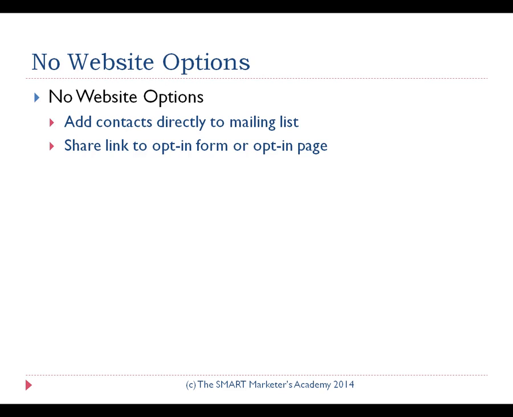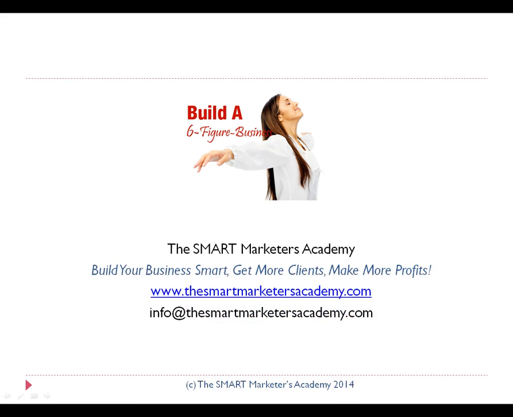So not having a website is no excuse for not starting to build your list. You can start right now, and it's important that you do so as soon as possible. Begin to collect these names and addresses. It does take time to build a large list, and it's only when you have such a large list that you are able to benefit from its monetization potential.